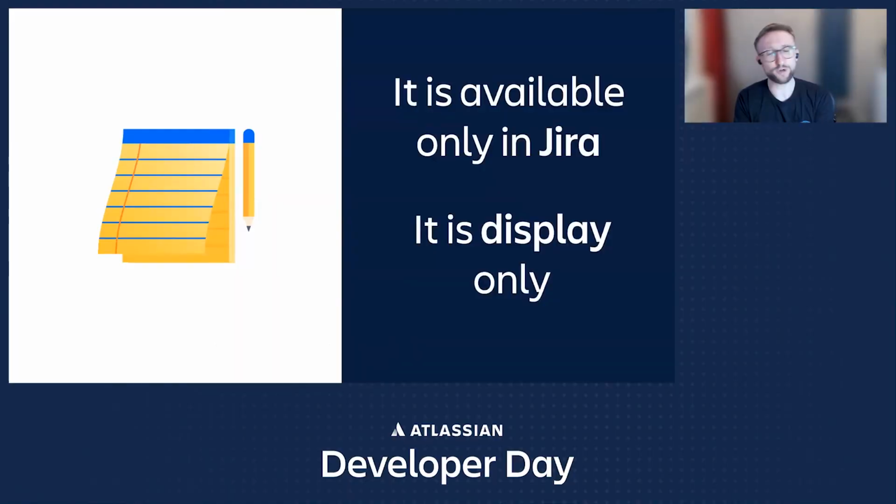And yeah, important note here, display conditions are only available for Jira modules. And they are display only. What I mean by that is this feature doesn't mean that you're installing your app only for some set of users or only for the selected projects.